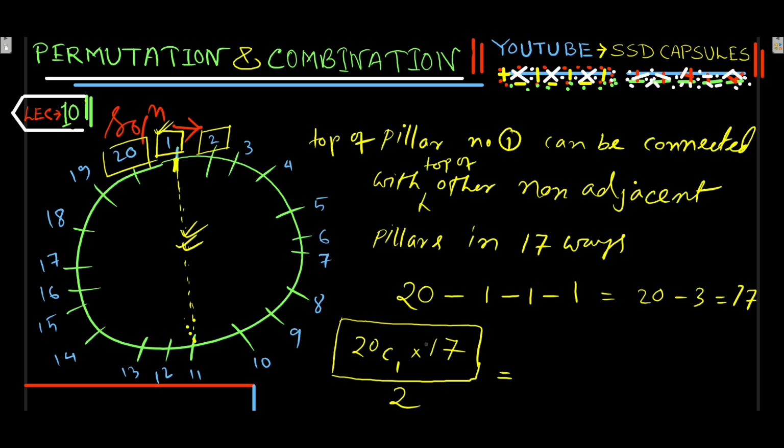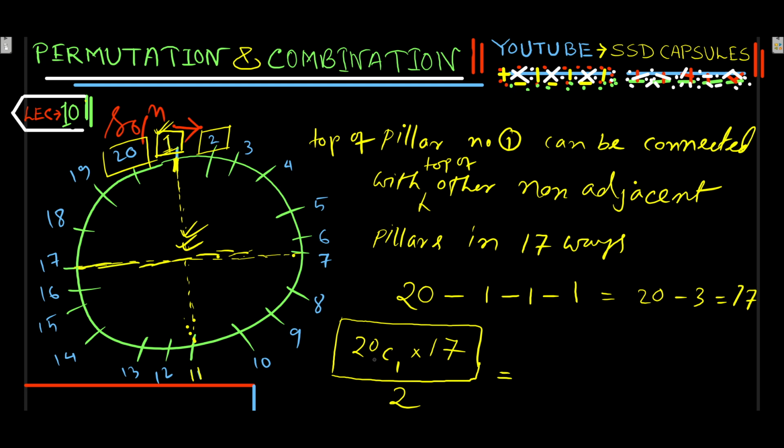Similar case here: 20C1 into 17 ways includes all possible beams where, suppose this point A, that is pillar 1, is connected with pillar 11, and also pillar 11 is connected with pillar 1. Also it includes the join of pillar 17 with 7, and vice versa, 7 with 17.